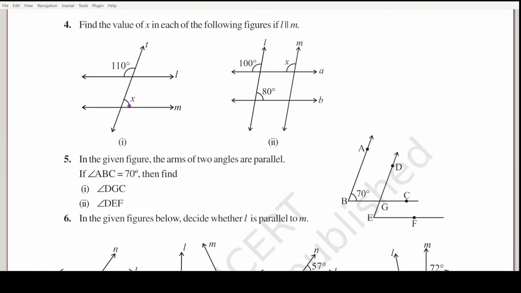What is X here? X is 70. X here? That's 110. No, 110 or 100? 100. Yeah. Okay. Then DGC, he's saying. DGC, this one. What is this one?